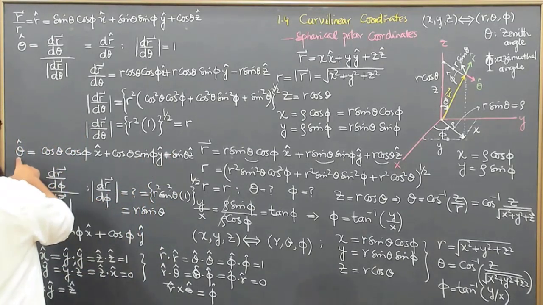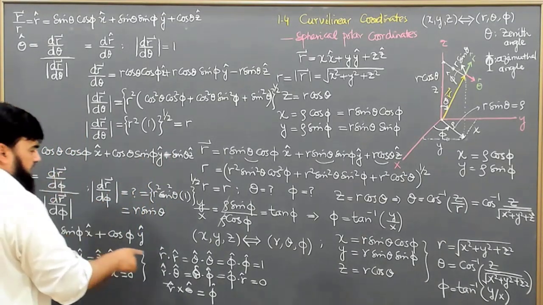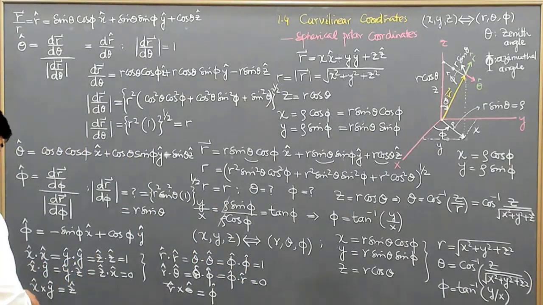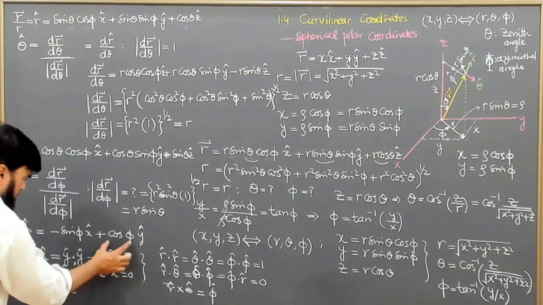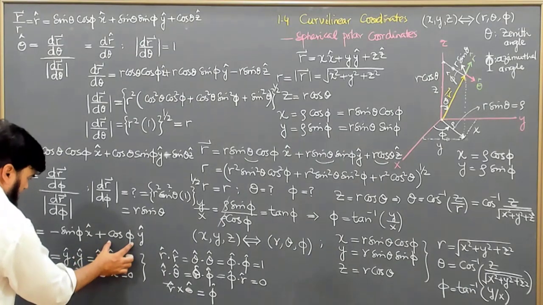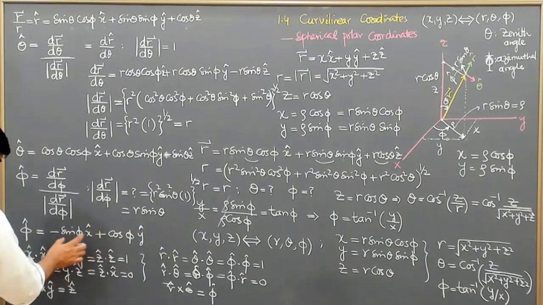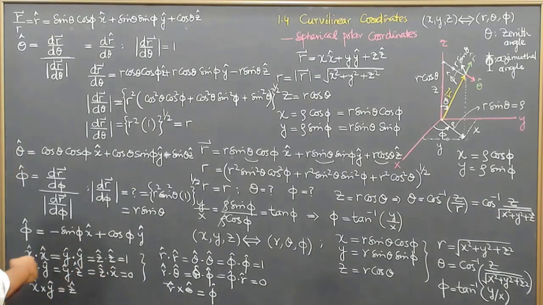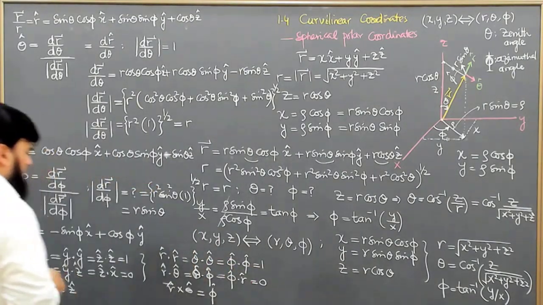So we are having theta dot theta unit vector equal to 1 again. Similarly, what about phi dot phi? Square of this one plus square of this one, and it will make sine square phi plus cos square phi, and this is equal to 1 here.